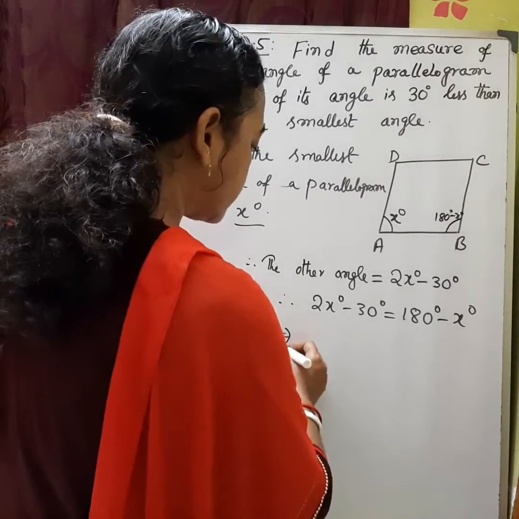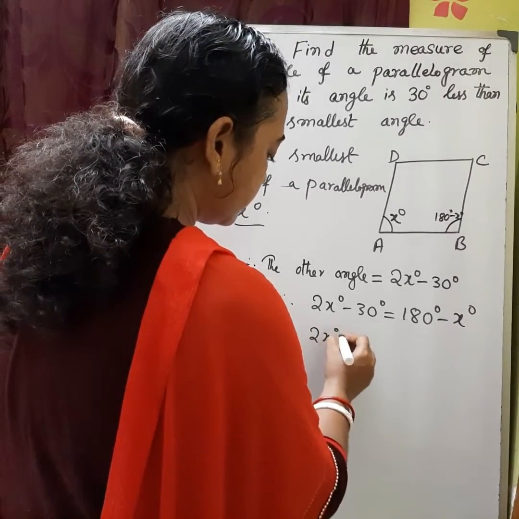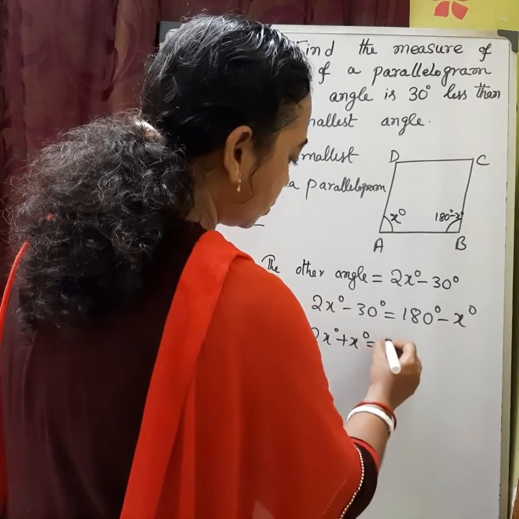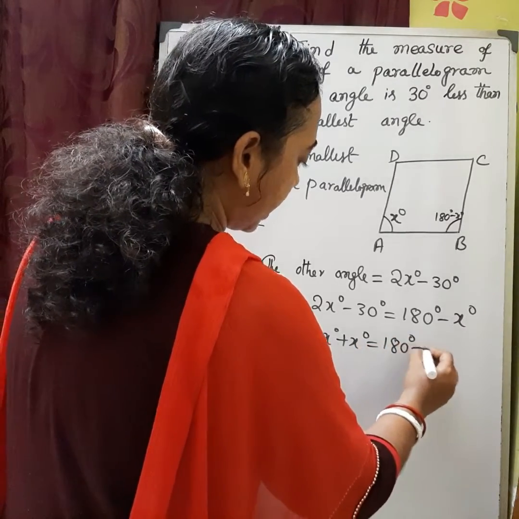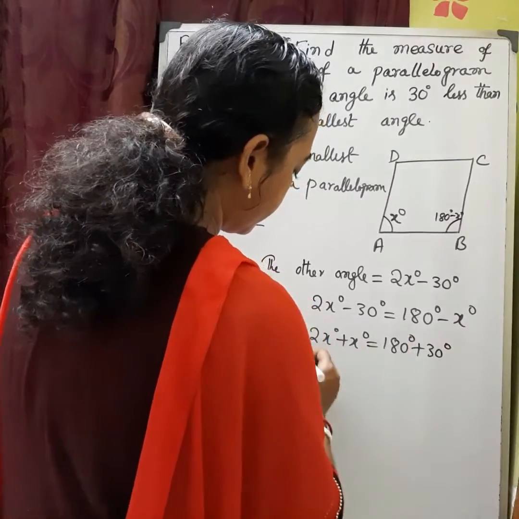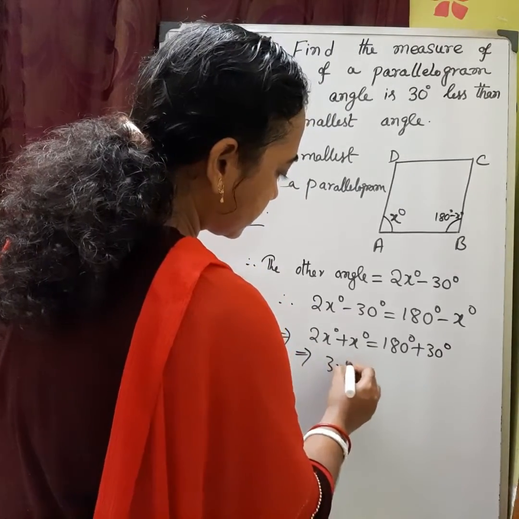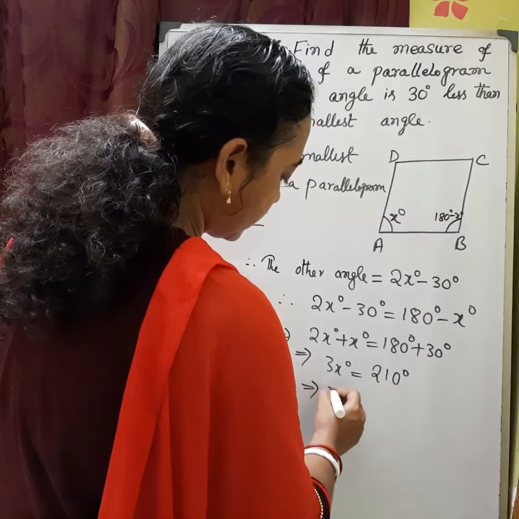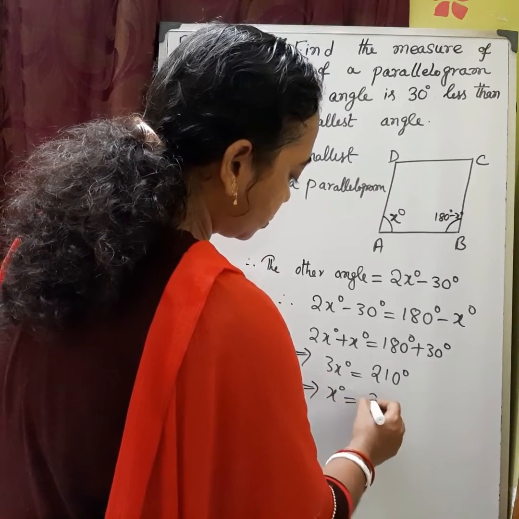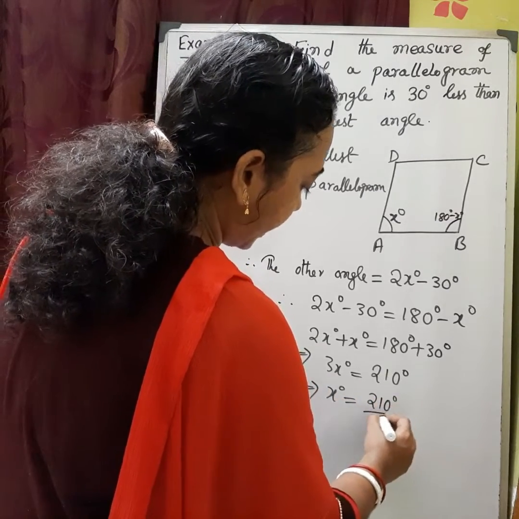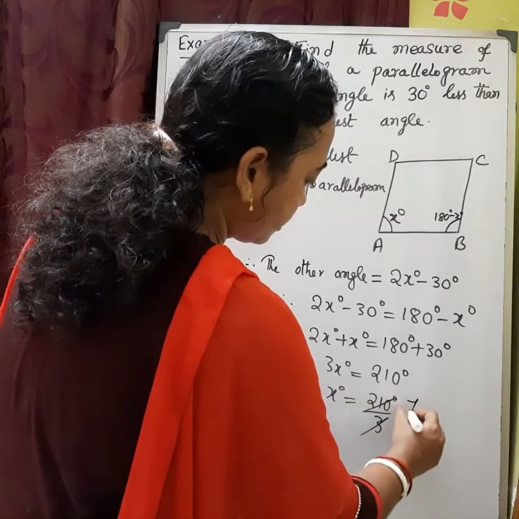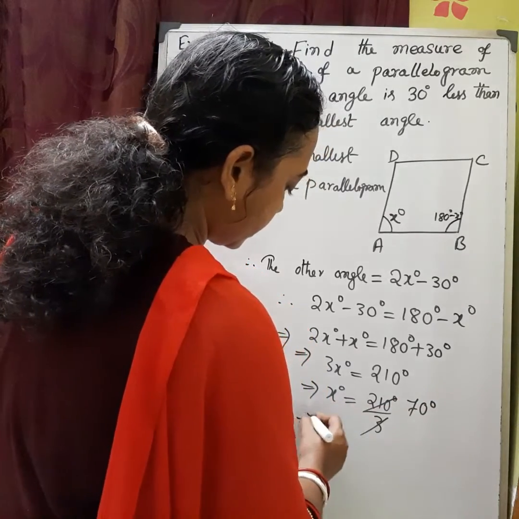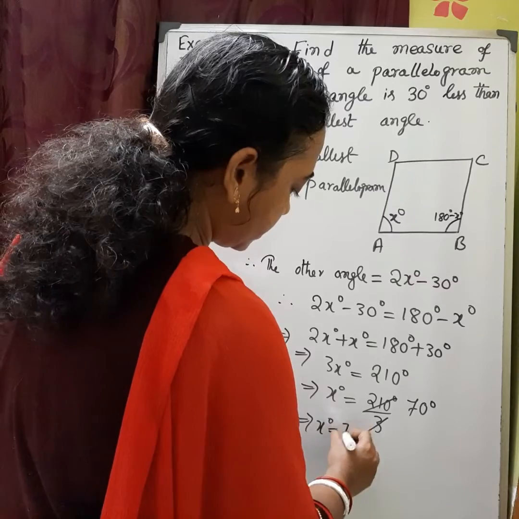So this implies 2x degree plus x degree is equal to 180 degree plus 30 degree. So 3x degree is equal to 210 degree, implies x degree is equal to 210 degree by 3, so this becomes 70 degree. Therefore x degree is equal to 70 degree.